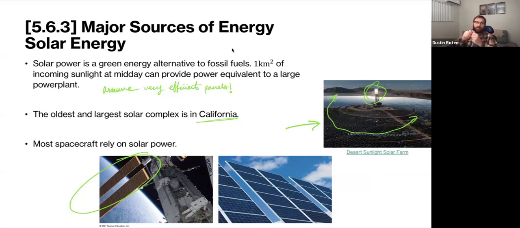That's actually how they're installed. They sort of come out like an accordion, kind of. And that's where the ISS gets a lot of its power from. I think even Voyager 1 and 2 are solar powered.